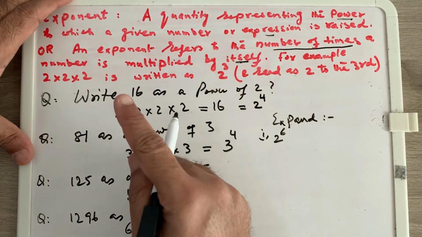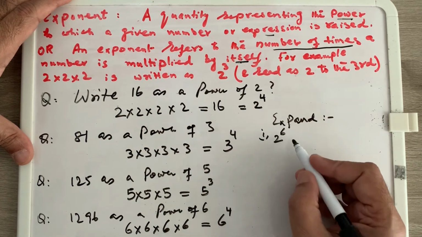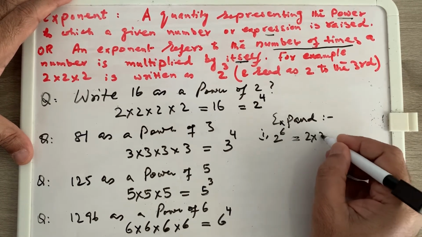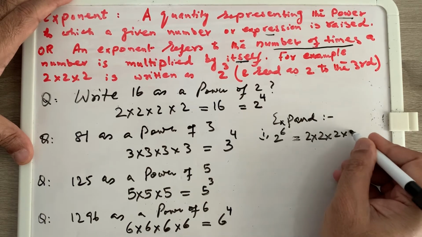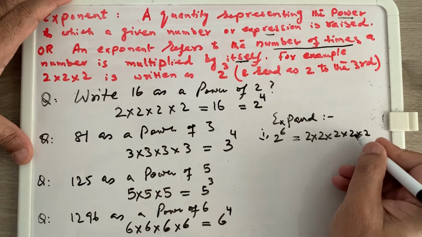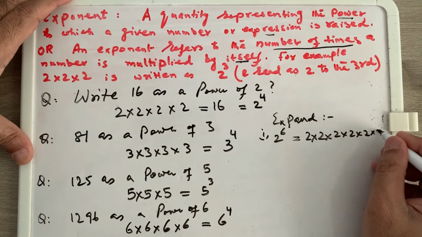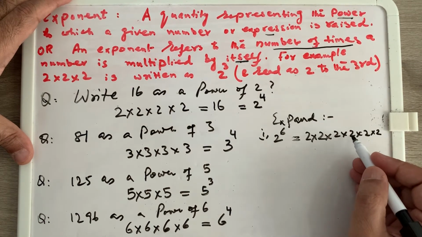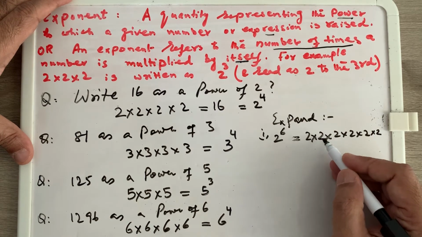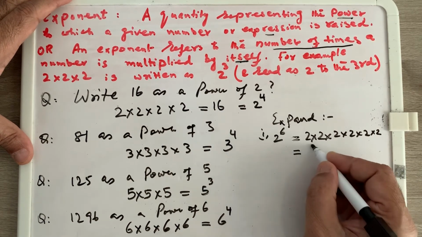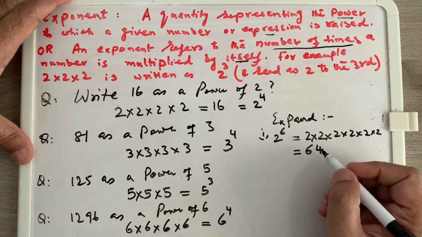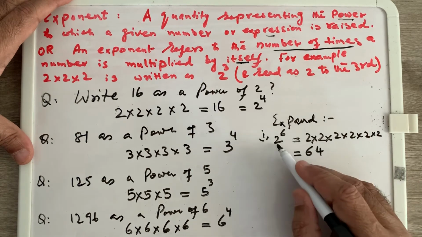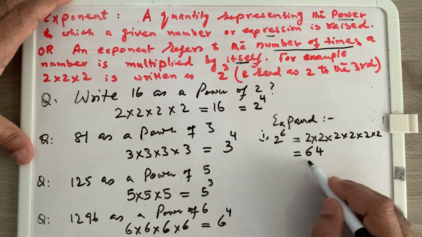From the definition of exponent, 2 to the power 6 means 2 is being multiplied by itself 6 times: 1, 2, 3, 4, 5, and 6. So you multiply it 6 times: 2 times 2 is 4, 4 times 2 is 8, 8 times 2 is 16, 16 times 2 is 32, 32 times 2 is 64. So you understand what the exponent is and you expand it. The value of 2 to the power 6 is 64.